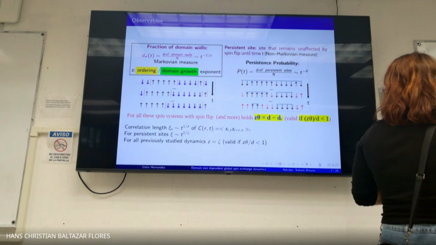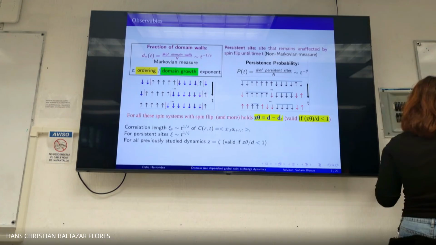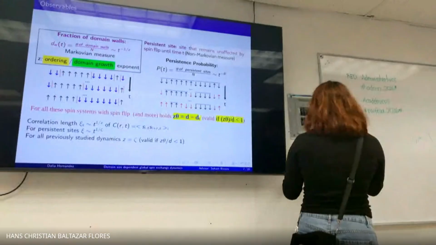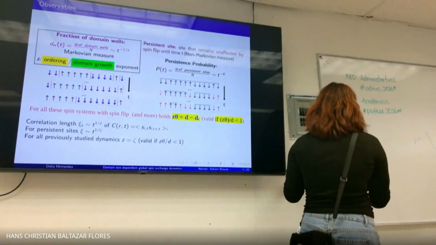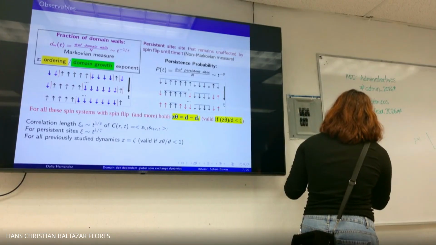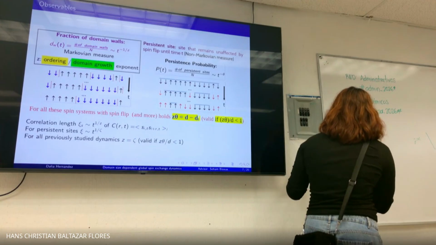So what's the point in this study? If theta is smaller than 1, then D minus d_f is smaller than 1, right?